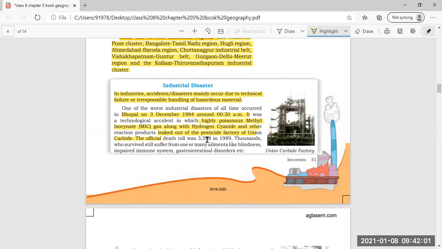So many deaths were there due to the leakage of the poisonous gas in Bhopal, but those who survived are still suffering from many disorders.